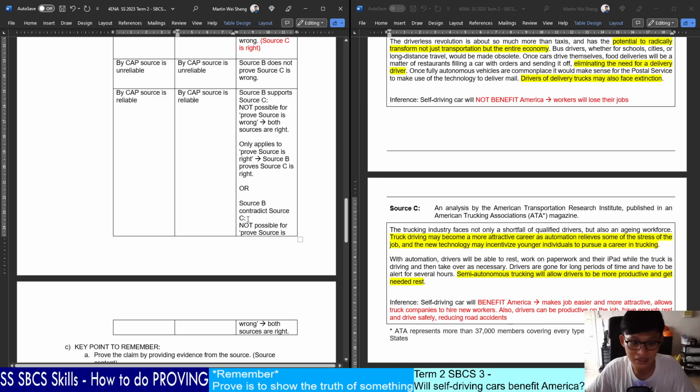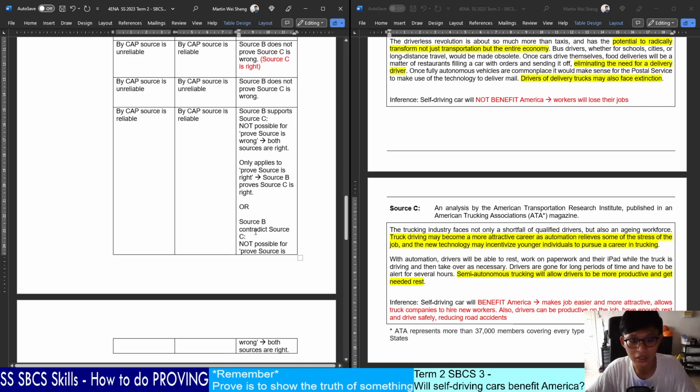Technically, yes. But this is really very confusing, so it is not very likely for the exam to actually come out in this combination. Both sources are actually saying different things, but both sources are reliable.